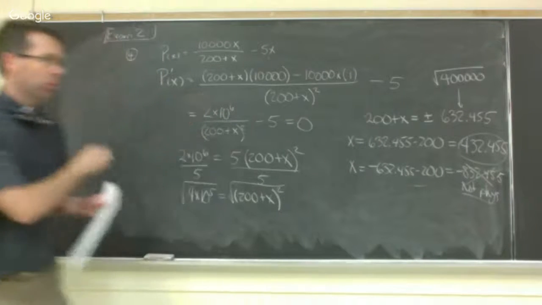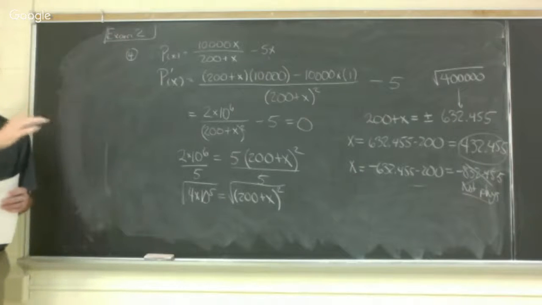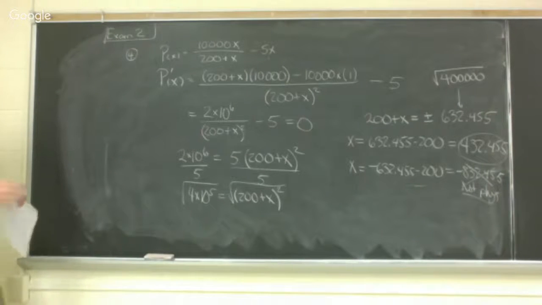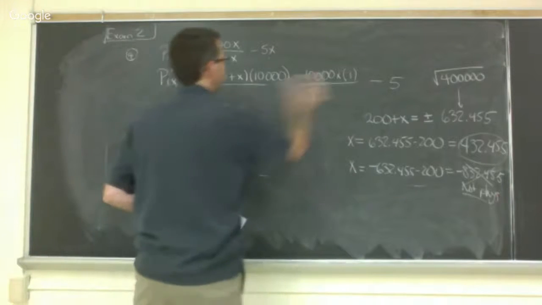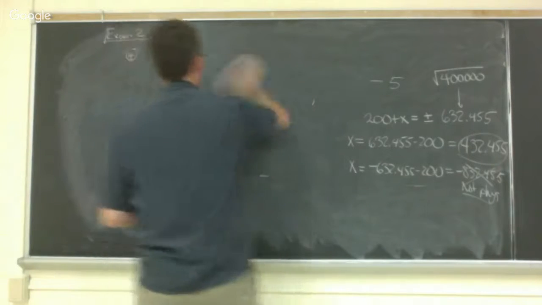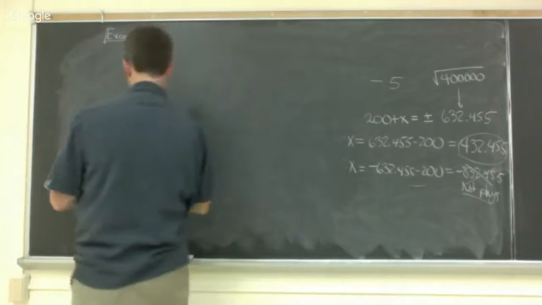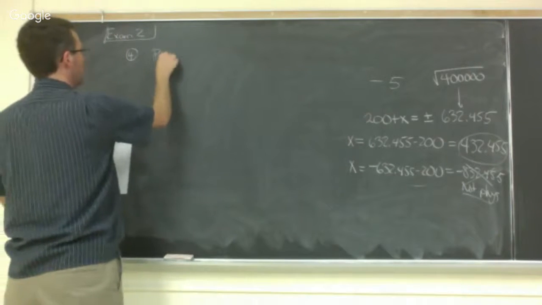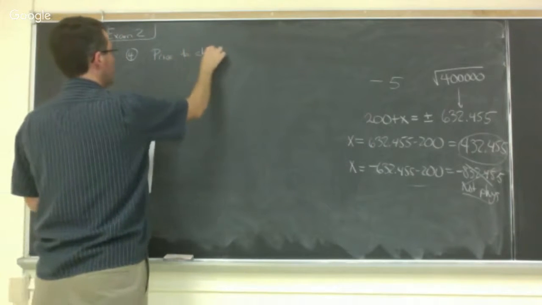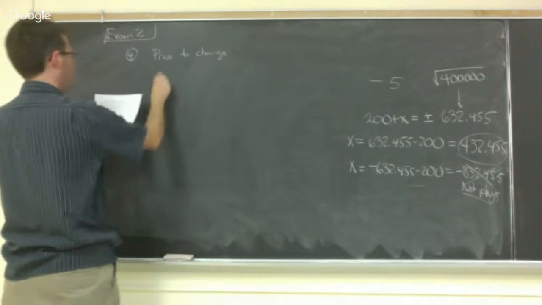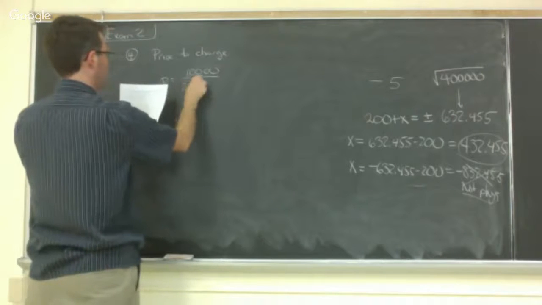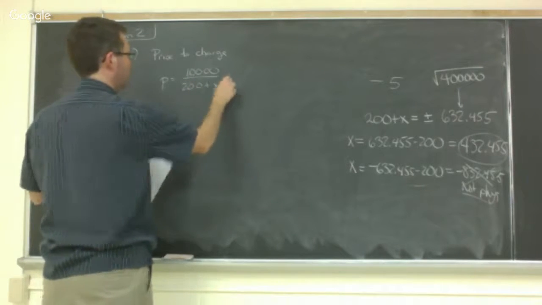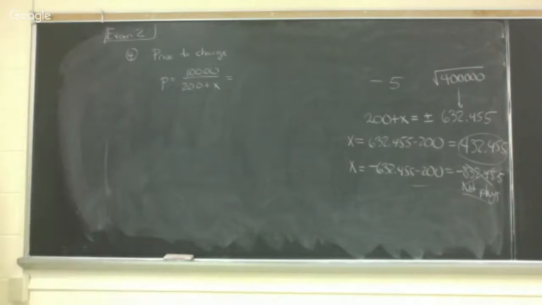But we're just going to use the fractional number of items. And when you plug that into the price formula, the price to charge, what did I write down there?